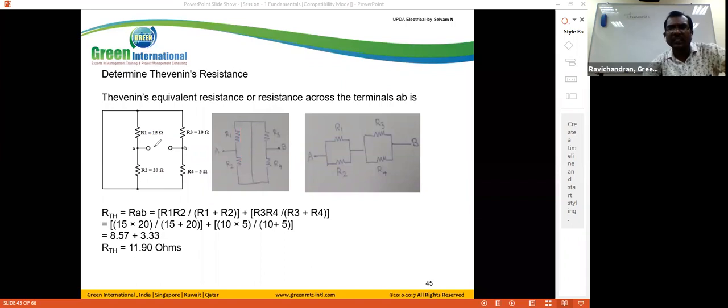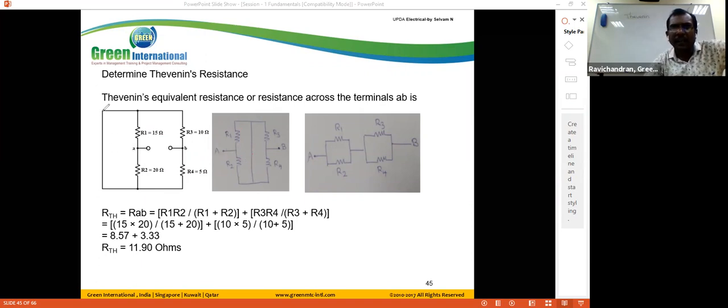So the circuit, after removing the resistance and short-circuiting the voltage source, looks like this. Now I redraw the circuit like this. Can you imagine this circuit?